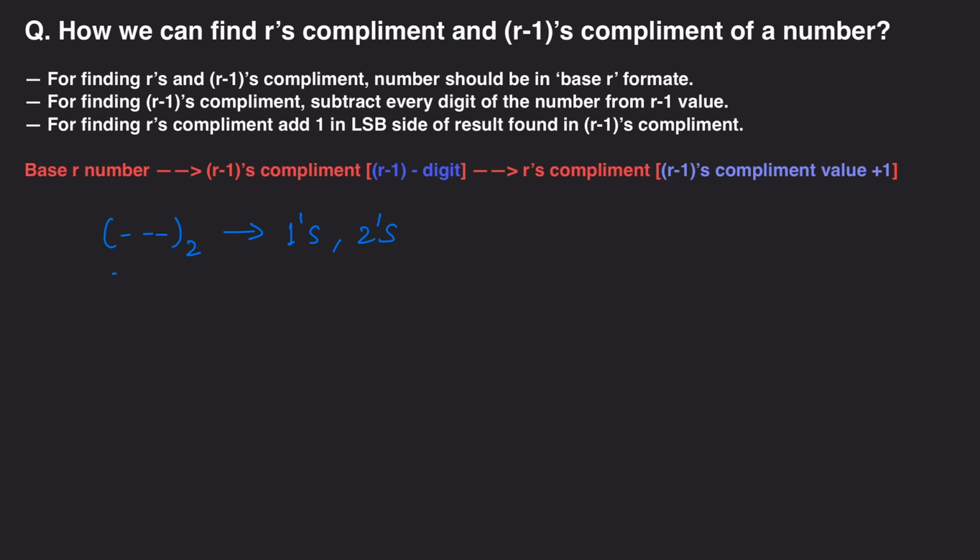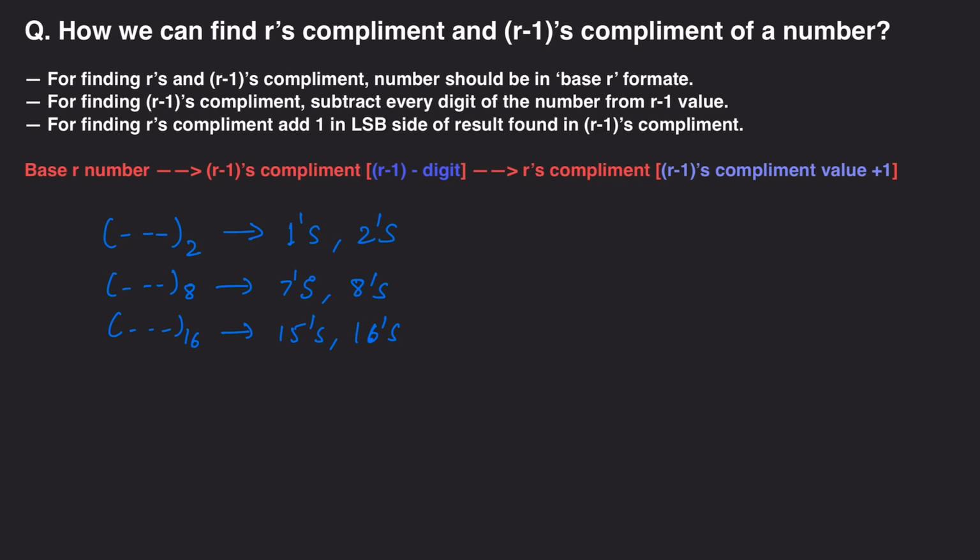If our number is in base 8 format, we can find only 7's complement and 8's complement. And if our base is 16, we can find only 15's complement and 16's complement.